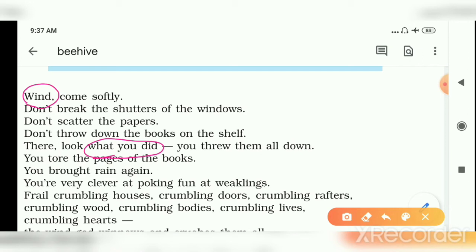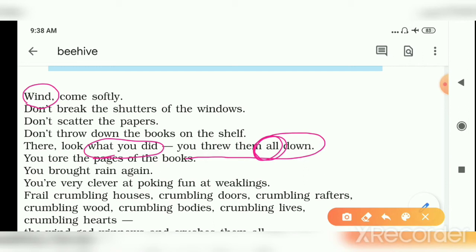See there, look there, what you did there, what you have done. You threw them all down. All means what? A list is given over here. You see, you threw them all down. All means gradually it will come.